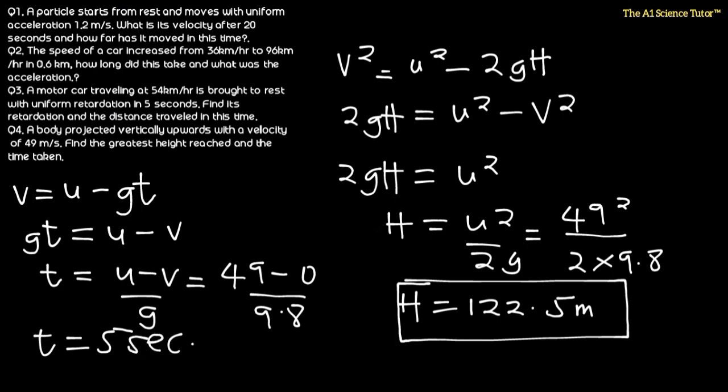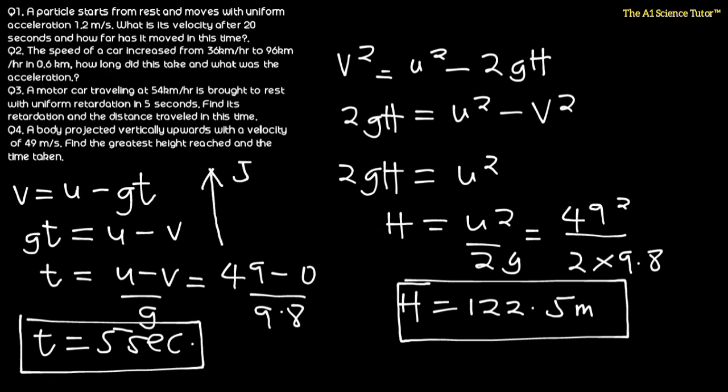That was basically the time that the projectile took going into the sky. It used 5 seconds to reach the greatest height. So it uses 5 seconds to reach the maximum height.